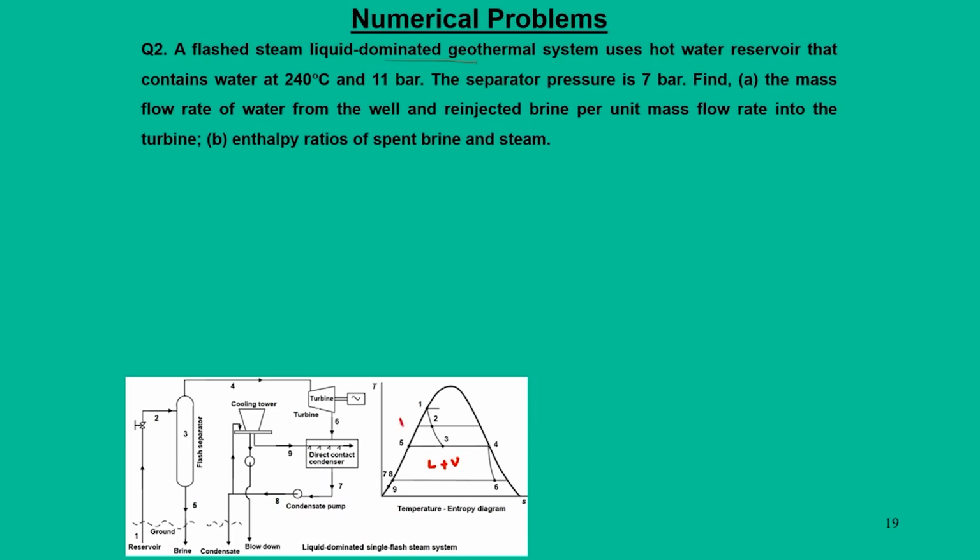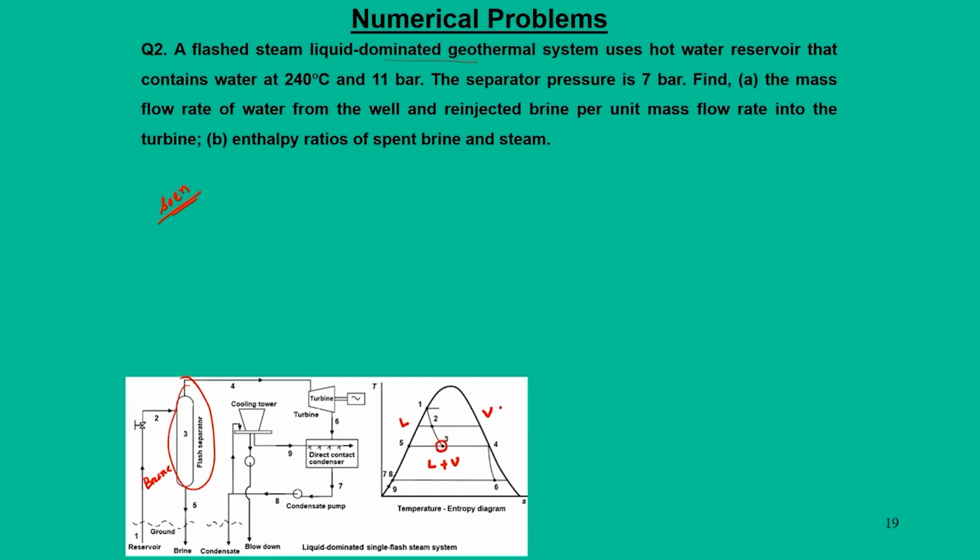So, we have liquid here, we have vapor here, and the question given is that we have an instrument called a cyclone separator or flash separator, and that flash separator separates the brine that enters into the circuit, and that separation happens at point 3.